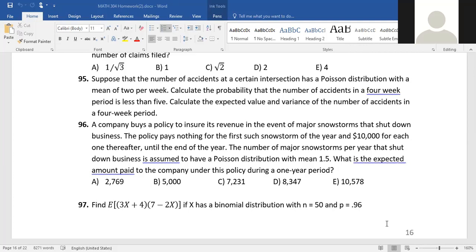So 95, we have a Poisson distribution with a mean of 2 per week. We want to know what is the probability that there will be less than 5 accidents in 4 weeks. I'm going to summarize it on the whiteboard because I can't have both at the same time.